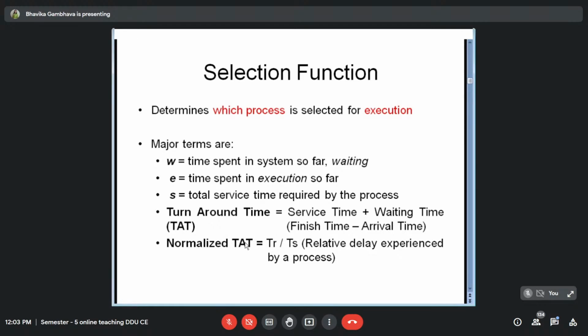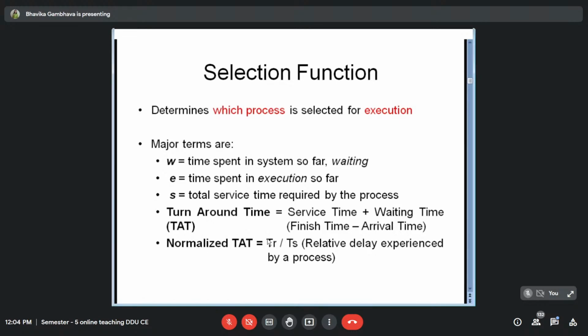So normalized turnaround time is TR. This TR is turnaround time. Okay, this TR is not response time, it is turnaround time divided by service time. Or I can say TS plus TW divided by TS. Are you with me?